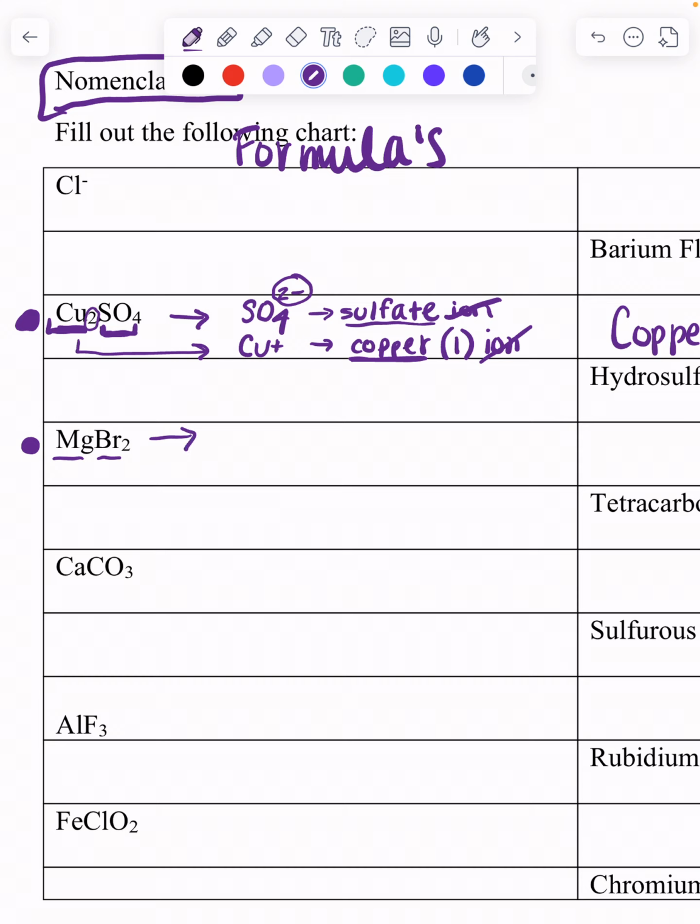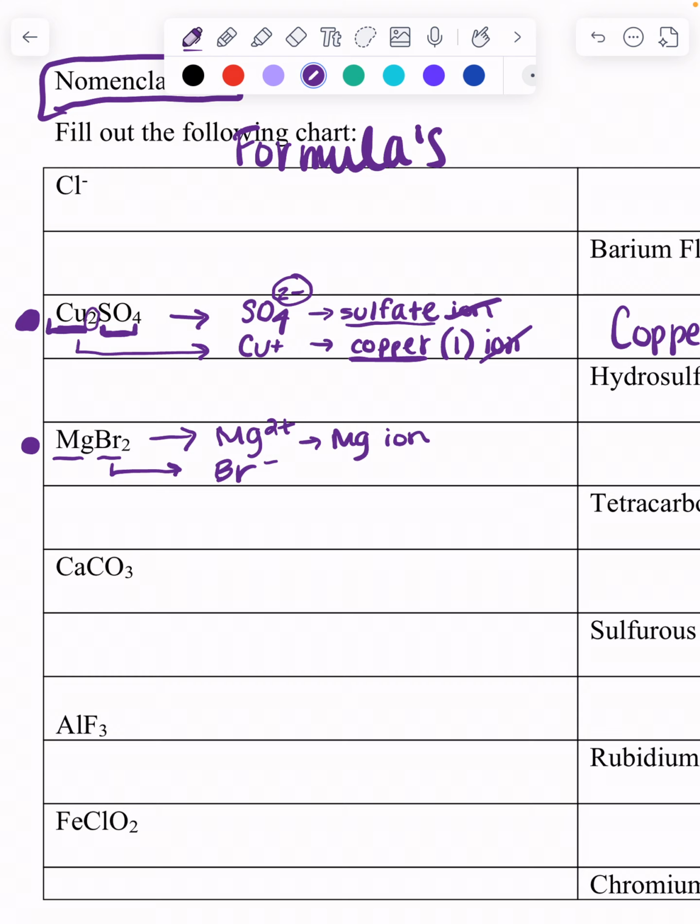So I go to my periodic table and say, magnesium turns into an ion. What's the charge on it? It is 2+. And this is a magnesium ion. I can then look at the second part, which is bromine. Bromine just has a -1 charge on our periodic table, right? You'll have to go back and review oxidation numbers if you don't know these charges.